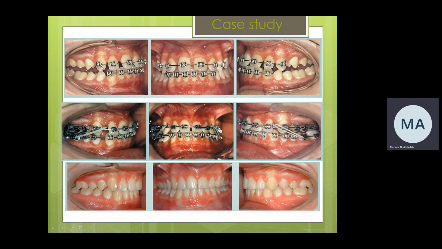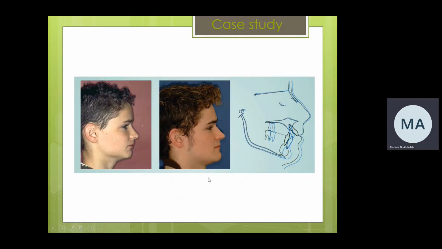So this is the end of functional appliance, and then the patient is moved to full fixed appliance treatment, and this is at the end of the treatment. If you look at the patient's profile, our aim was not only to correct the malocclusion by dental tooth movement, but it was mainly to enhance forward growth of the mandible and improve the patient's profile.